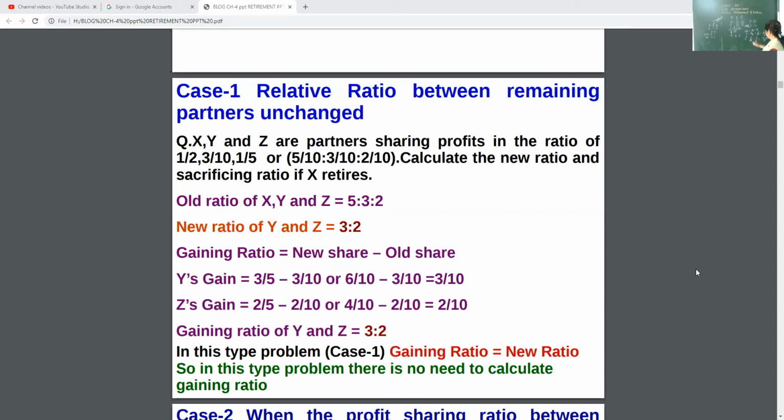New ratio is 2 by 5. Old ratio is 2 by 10. 4 minus 2, see again 3 is to 2.